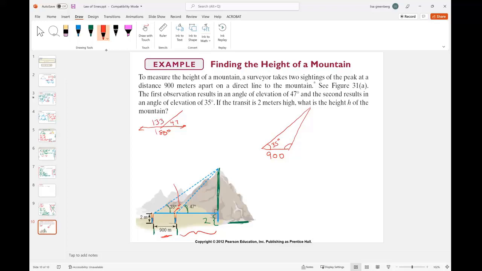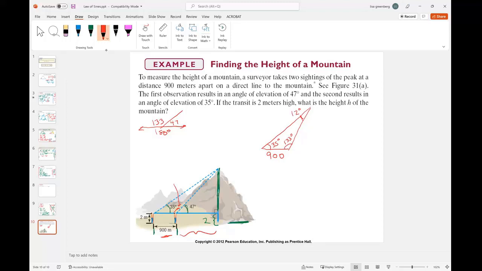So I know now this angle is 133 degrees. And if I add those up, I have 168. So this up here is 12 degrees, right?